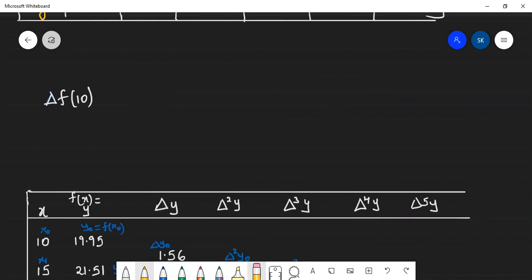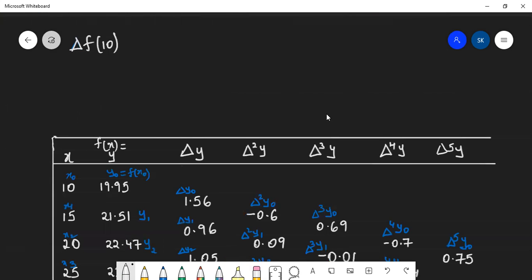Where is 10? Generally you'll write f of x equal to y. Yes or no? In place of x you have 10. So where is 10 in the table? In x column. Fine. In the first position. That means x naught. This is nothing but forward delta f of x naught.